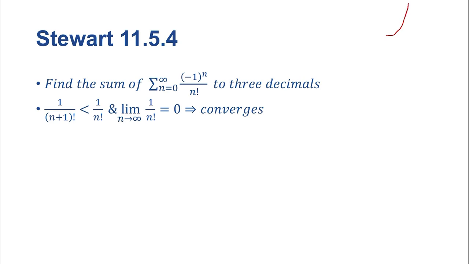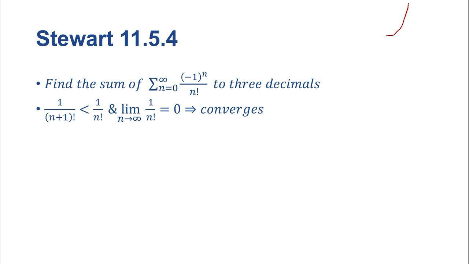So yeah, that's going to be smaller. And what happens if we take the limit as n approaches infinity of 1 over n factorial? Well, n factorial grows faster than n squared, and if 1 over n squared goes to 0, then 1 over n factorial definitely goes to 0. So we have a convergent series.